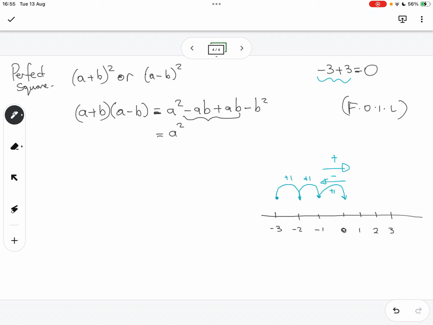Now if I have negative AB and I add AB, what's the answer? AB. No. Because we've just done this example on a number line, and whilst it's a numerical example, we can see it. We don't know these terms, but we know they are equal. They just have different signs. And if we have numbers that are equal and have different signs and we're adding them, the answer is 0.